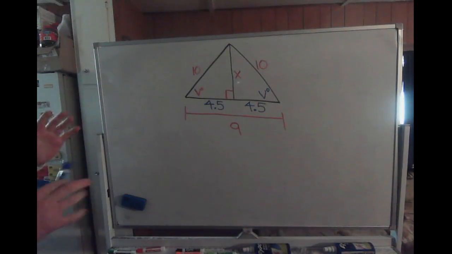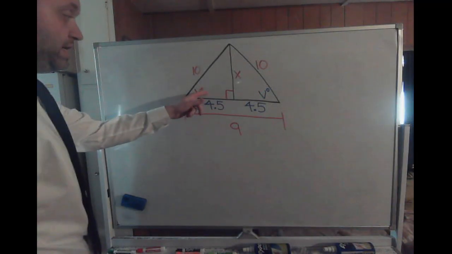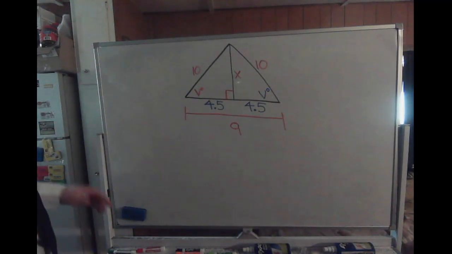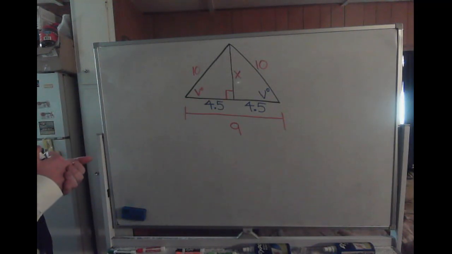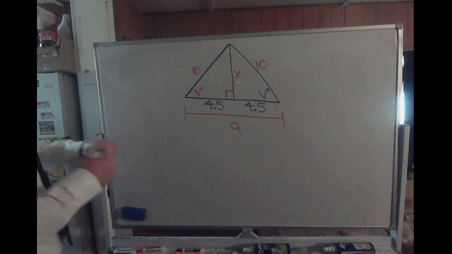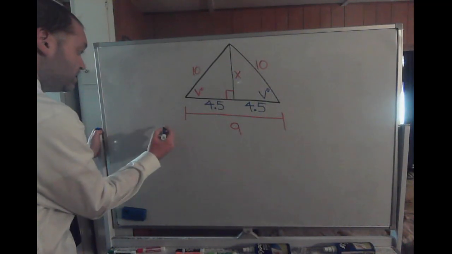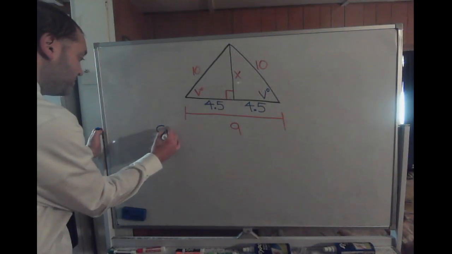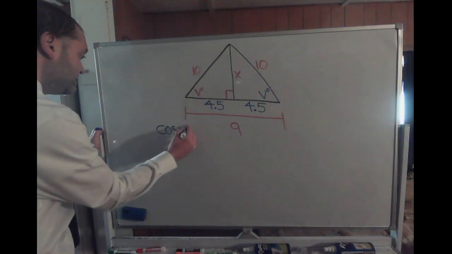Okay, so we've established that. Now, we can go on to solve for V degrees. We're going to need to solve for V. So, to do that, of course, we have the adjacent leg and then the hypotenuse, which means we're going to need to set up a cosine ratio. So, we'll set up the cosine of V degrees.